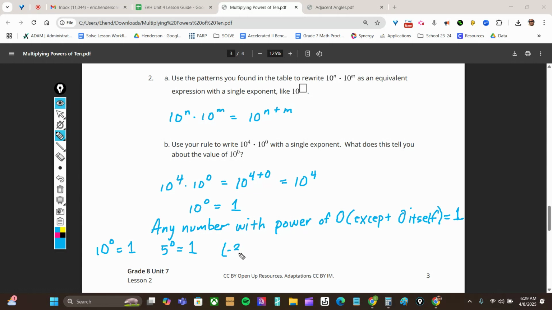A negative 3 to the 0 equals 1. 1,000 to the 0 equals 1. But 0 to the 0 equals undefined. Does not equal 1, and it will be considered undefined.